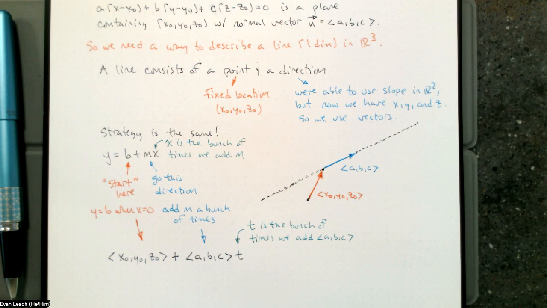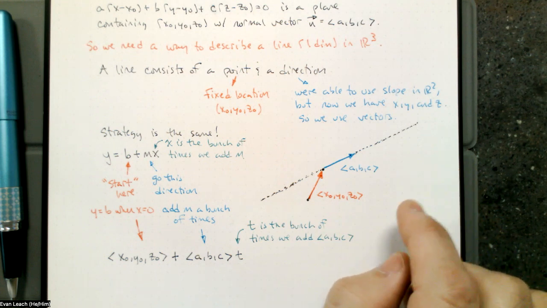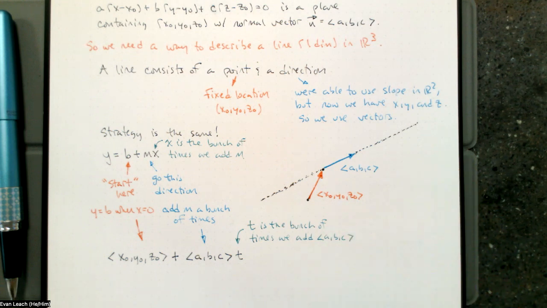Once ABC is fixed, I could start this in different locations. So if I change the values of x naught, y naught, and z naught, I will get a line parallel to this one. I would start in a different location, but I would get a parallel line. So parallel lines will have the same direction vector, just like parallel lines have the same slope. Because when we say parallel lines have the same slope, we're saying that they go in the same direction.